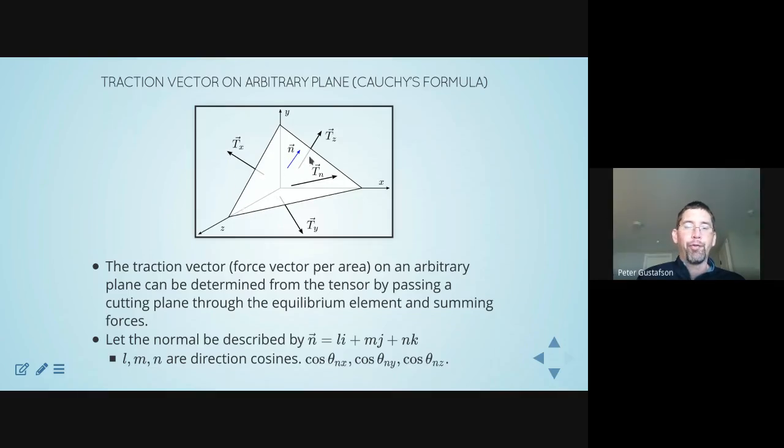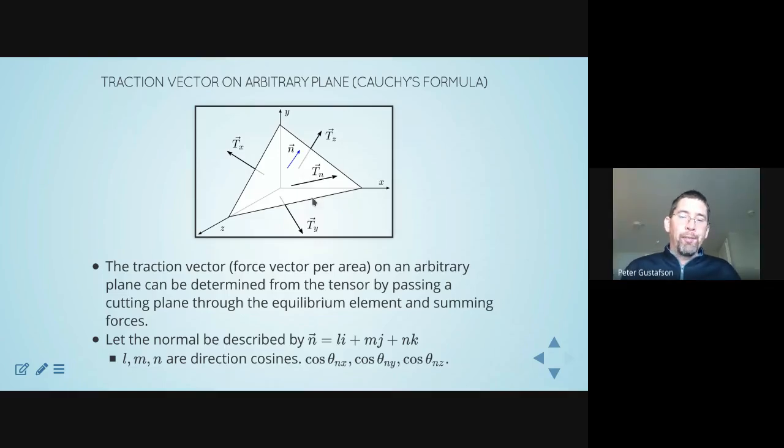Our new internal face with the normal n has yet another traction vector, which we're going to call Tn. Now we have tractions Tn, Tx, Ty, and Tz.